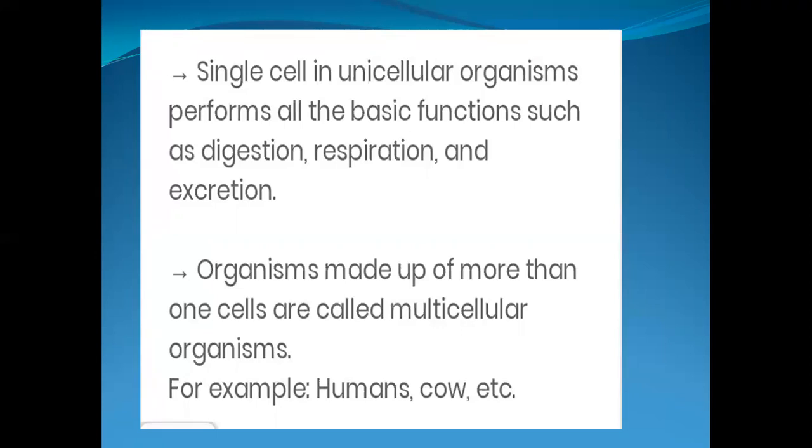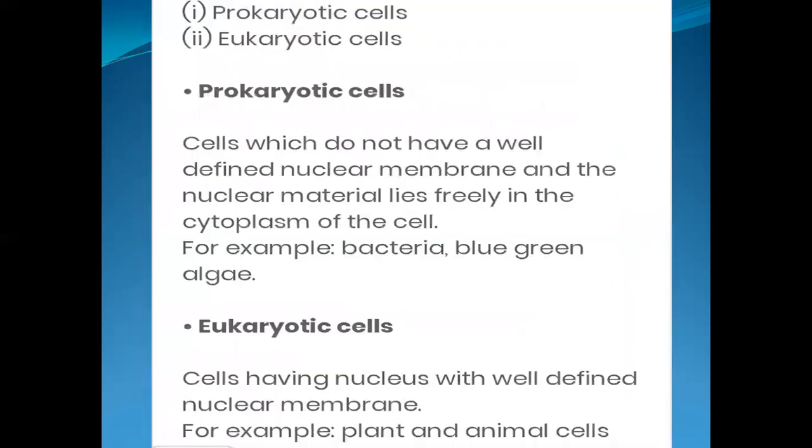In their body, there are different systems like the digestive system, respiratory system, and excretory system. In the digestive system, so many organs like mouth, esophagus, stomach and intestine take part. In respiration, there are lungs and the nose. So these are the organs. These organs are further divided into tissues, and tissues are further divided into cells.